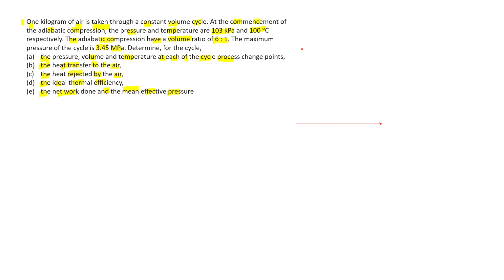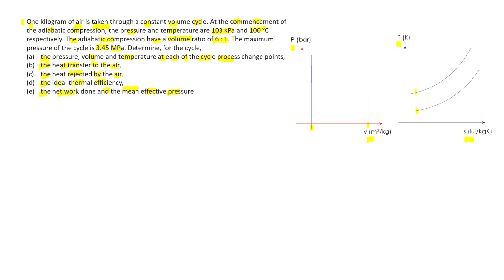First thing, remember we have to draw the PV and TS diagrams. So this is your PV diagram, pressure volume diagram, and the temperature entropy diagram. Now, you have both the constant volume processes, and on the TS diagram, that's your constant volume line.